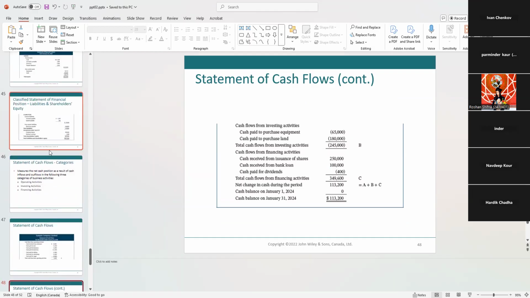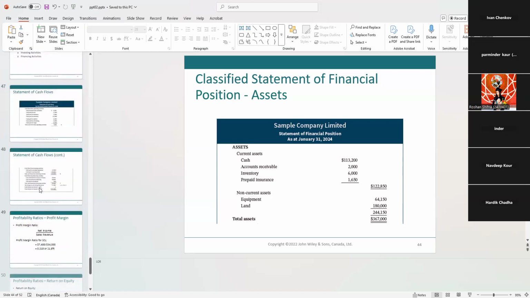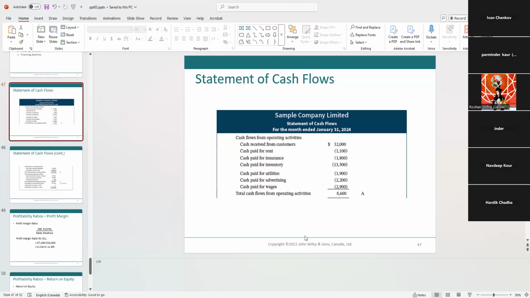What's the change in the cash? We check the balance sheet. Since this is the first month of operation of the company, the balance at the beginning of the month was zero. At the end of the month, we have $113,200.